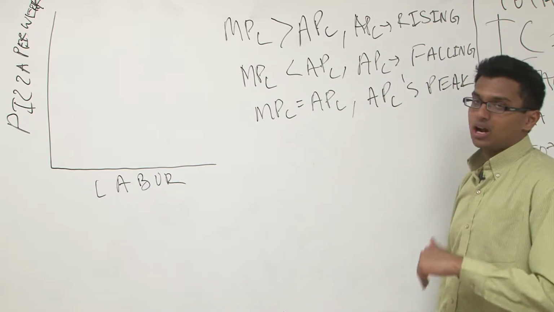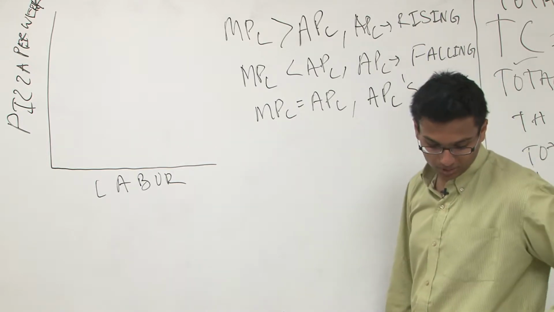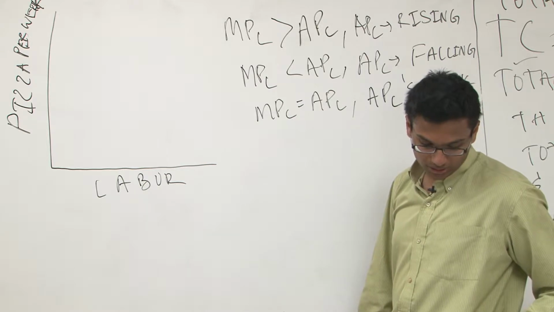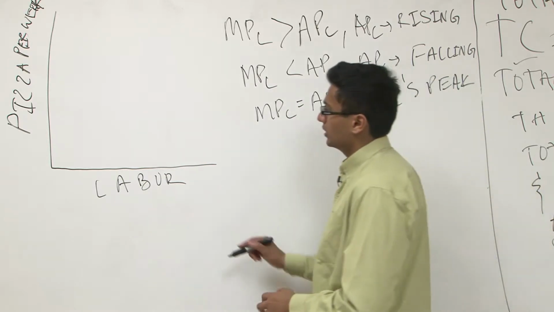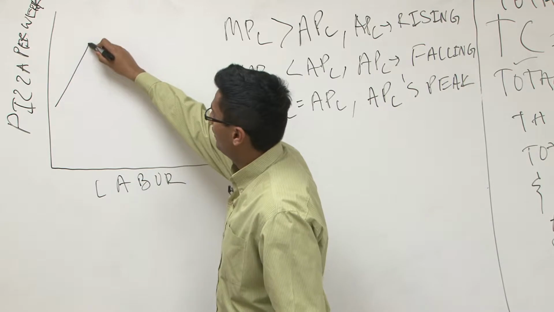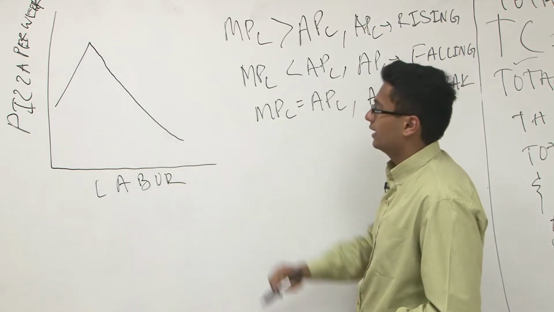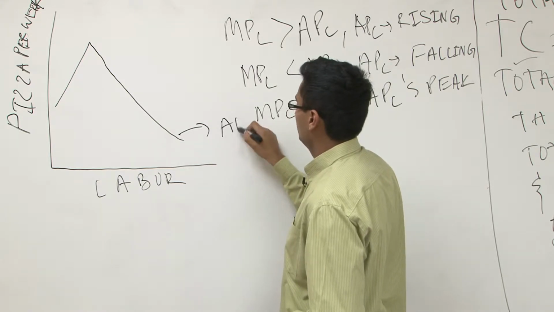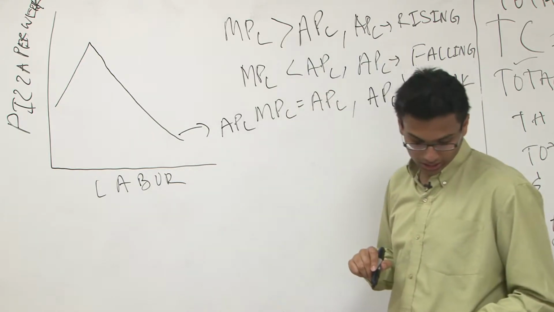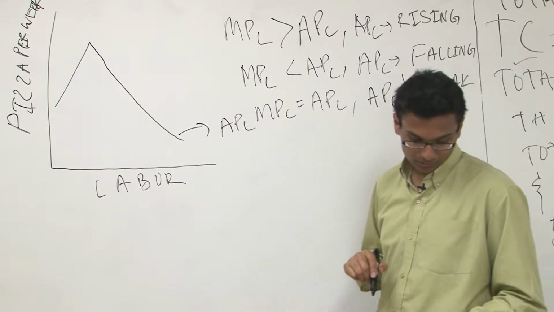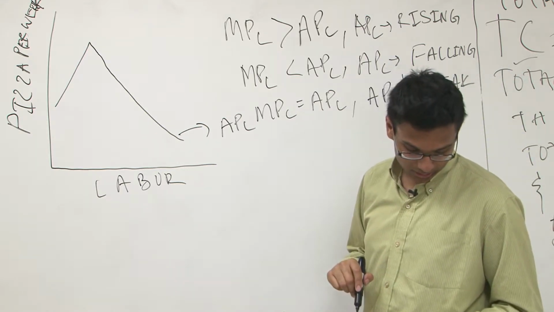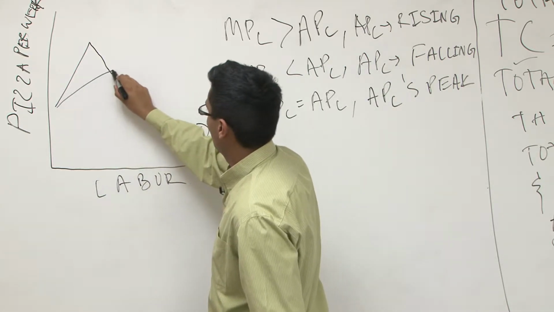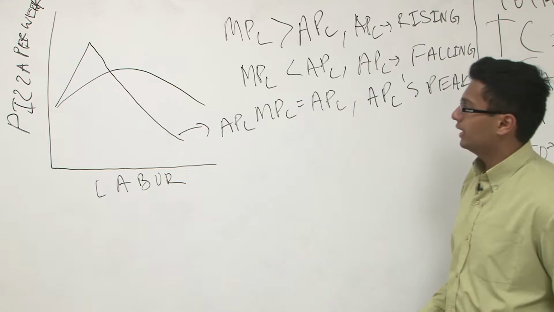Okay? So first I'm going to draw APL, your average productive labor, right? So let me make sure I get this right. Okay, and I am. All right. So if I have this, it comes down like that, okay? And this is going to be your APL. Your MPL is going to produce, all right.